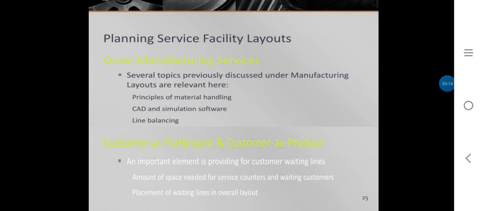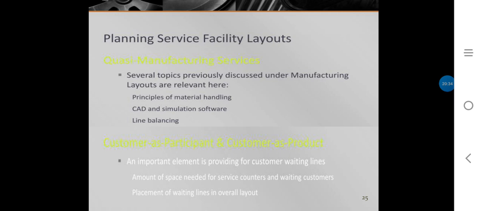These are the 3 basic types of service facility layouts. The first one is quasi manufacturing services. Quasi manufacturing services are similar to product manufacturing processes, and they involve both production and services.